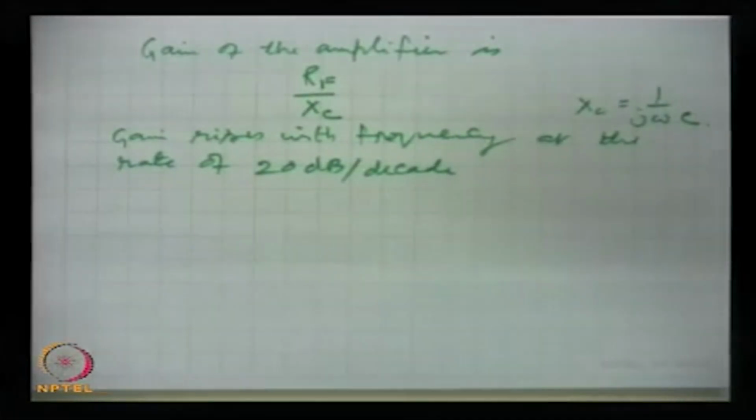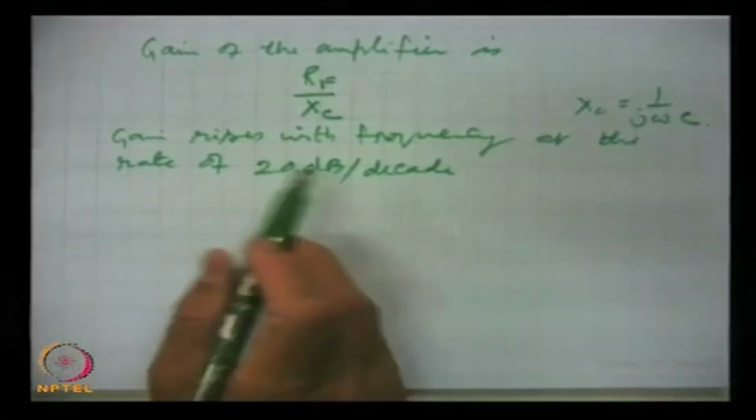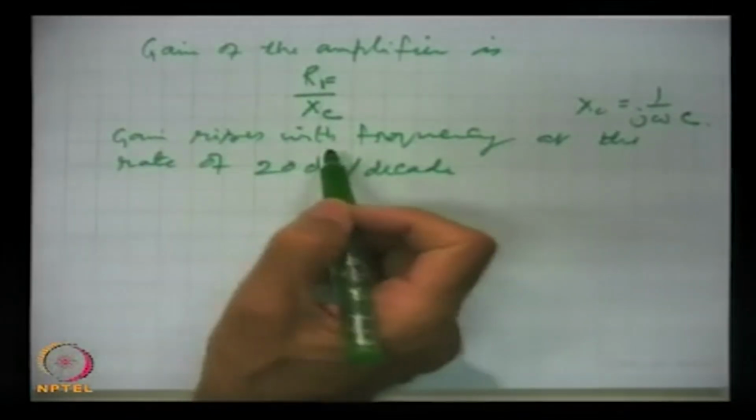That means when frequency becomes 10 times, then gain changes 10 times, so 20 dB.